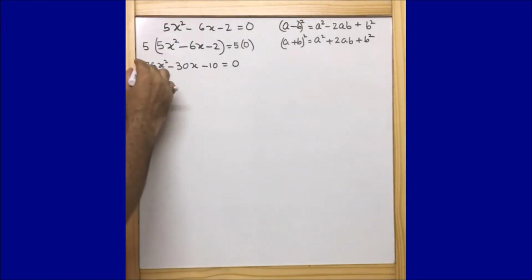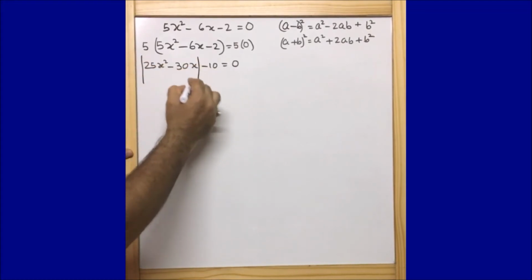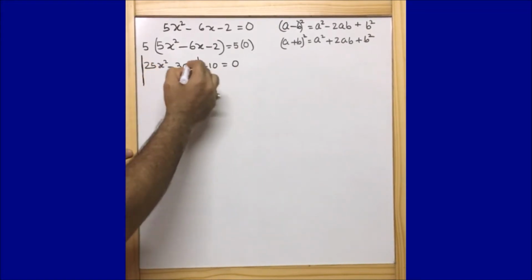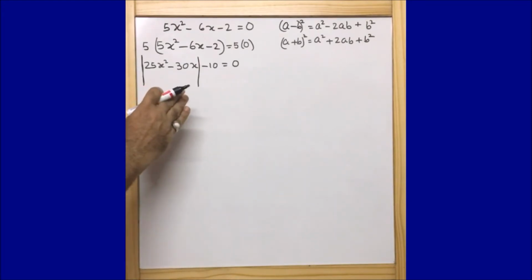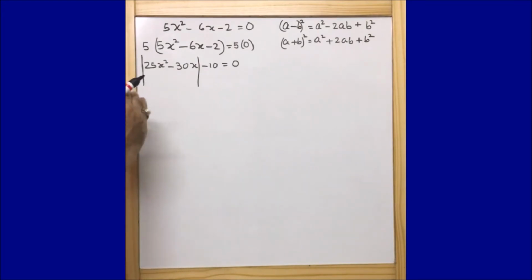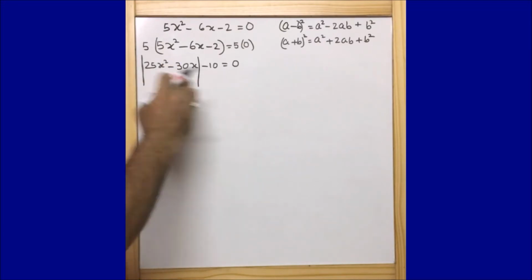Now I am going to separate these terms by putting a line here. Just for explanation purposes I am putting a line, but in the exam, once you are clear, there is no need to put a line.